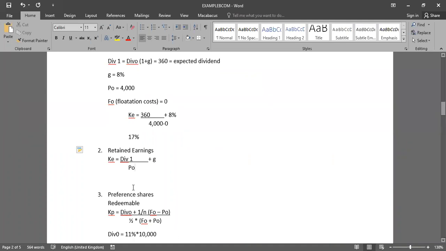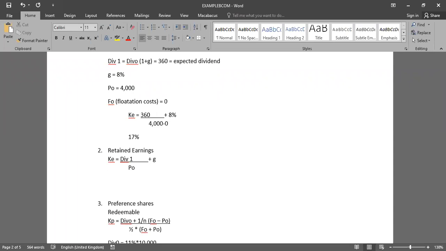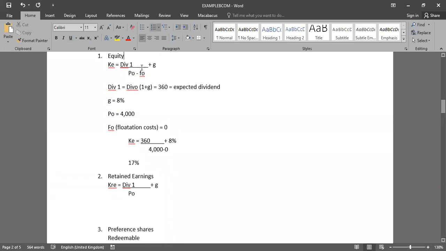Now, in this scenario of ours, we didn't have flotation costs in equity, so flotation costs were equal to 0 still. So it makes the retained earnings have the same cost of equity. I hope we click on that. Even for cost of equity, we didn't have flotation costs, they were 0. So this is the same as this, ideally.